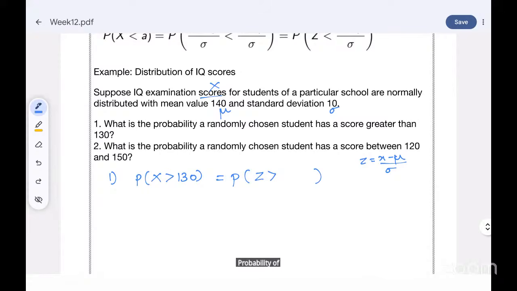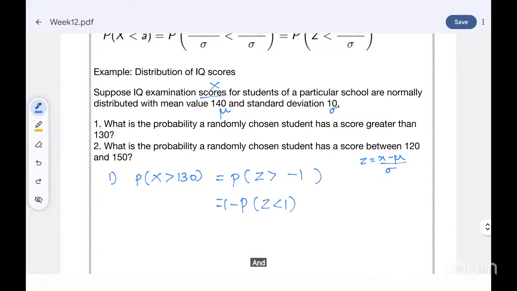Probability of Z greater than minus 1. So what is the probability of Z greater than minus 1? How do you compute it? It is 1 minus the probability of Z less than minus 1.